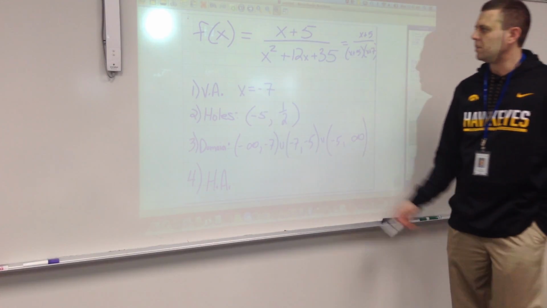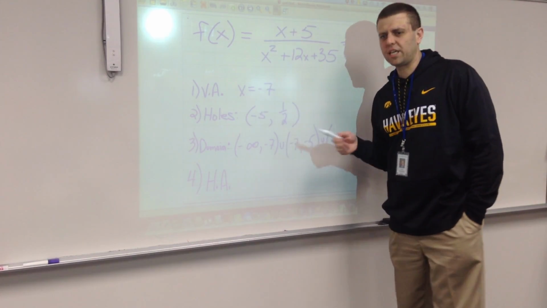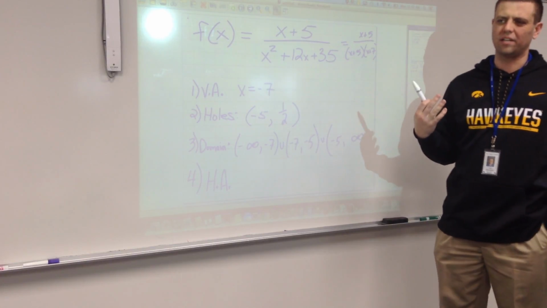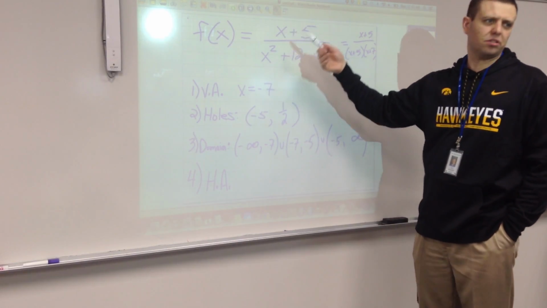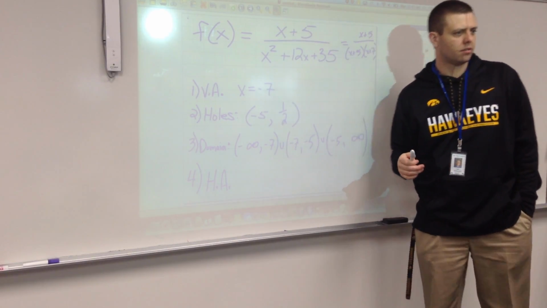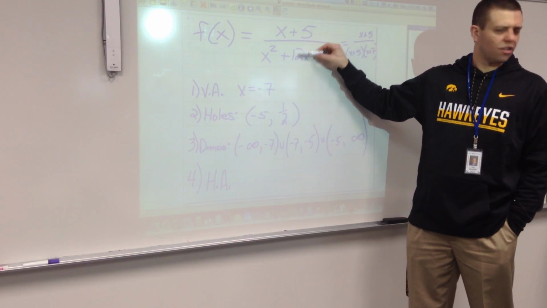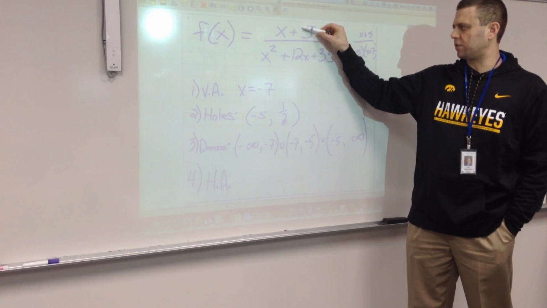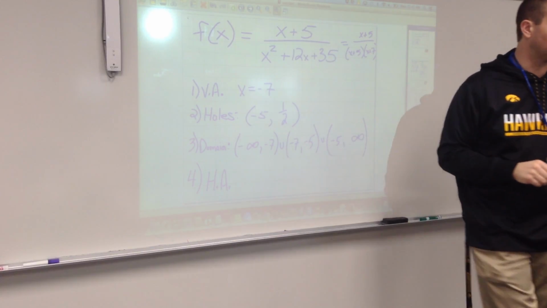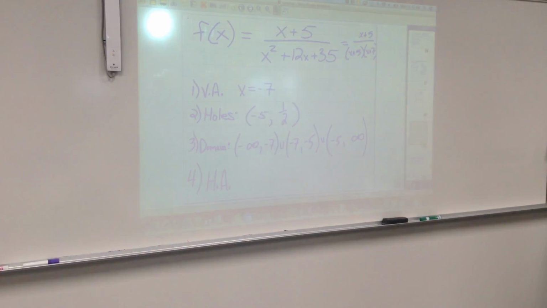So if you look at this, let's say we were plugging in very large x values: 100, 1,000, 1,000,000, 1,000,000,000, and so on. What would you think this rational function will get really close to as you plug in bigger and bigger numbers for x?